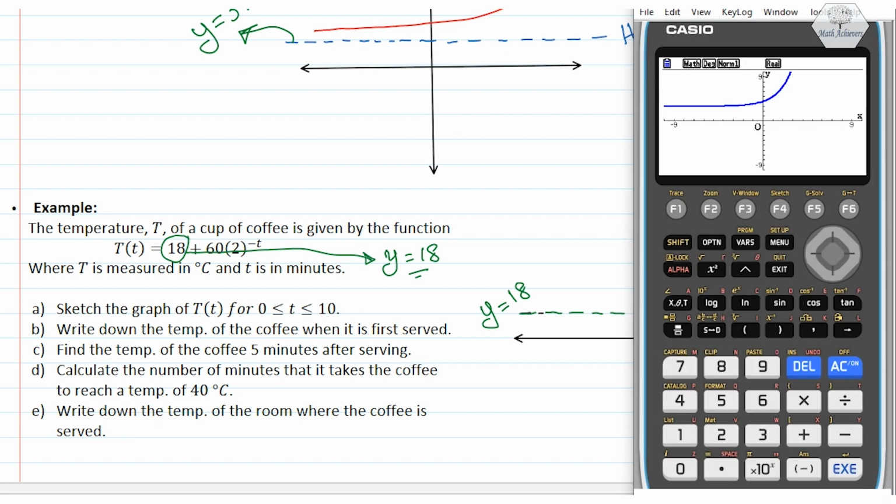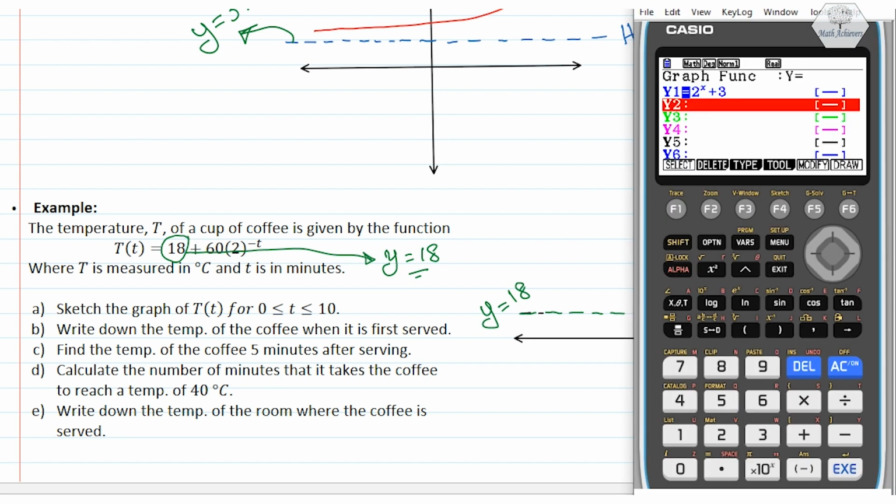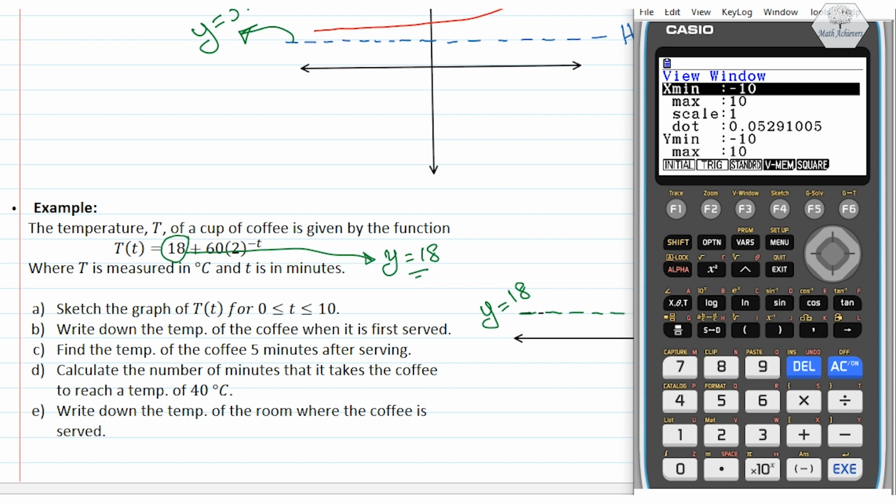So I go to my graphical display calculator, exit. I plug in the function here: 18 plus 60 times 2 to the power of minus t, which is minus x. And I need to fix the V window. I go to shift V window. The x minimum must be 0 because t lies between 0 and 10, and the x maximum is 10.